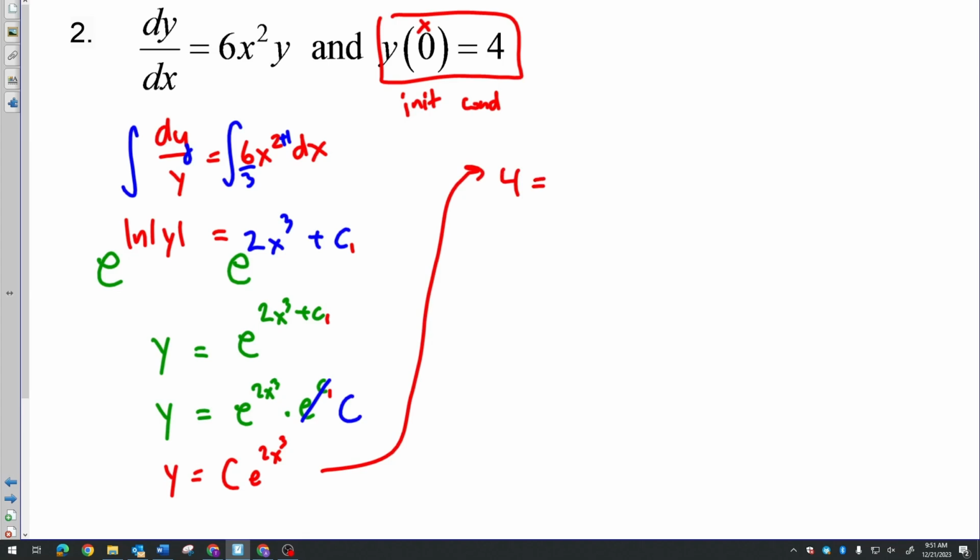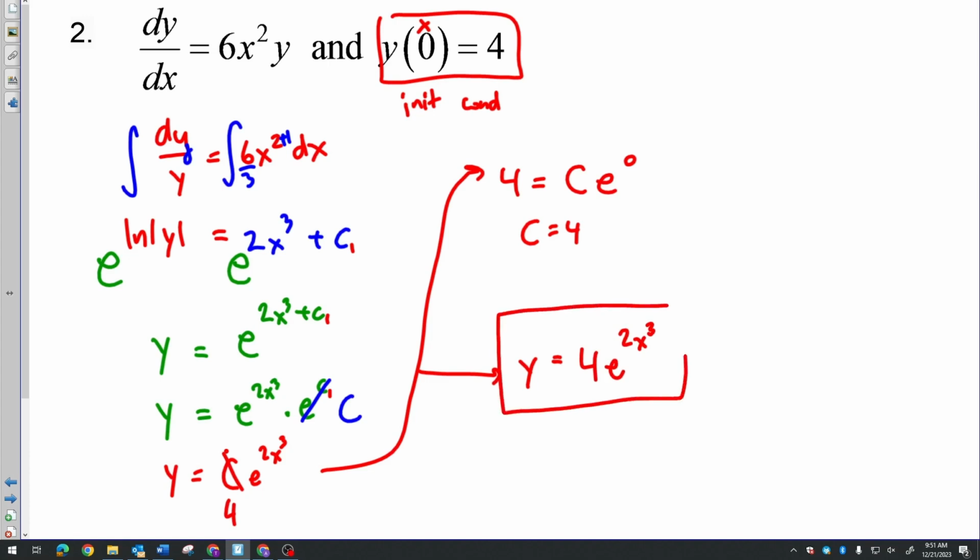So this is 4 is equal to c e. If you plug in 0 here, you'll just get 0. And e to the 0 is just 1, so I get c is equal to 4. So that tells me that y equals 4. I mean, really, I'm just replacing this right here with 4. So y equals 4e to the 2x cubed. Okay, and that is the right answer.